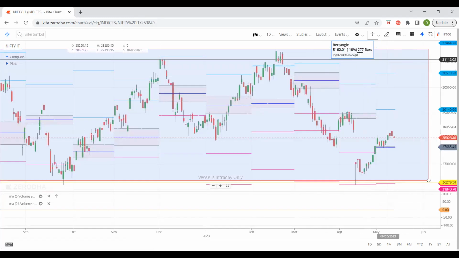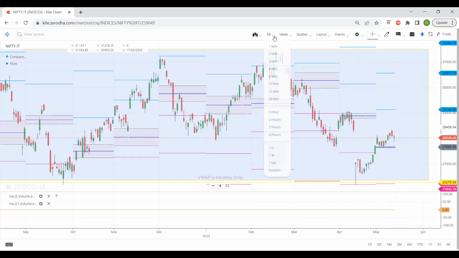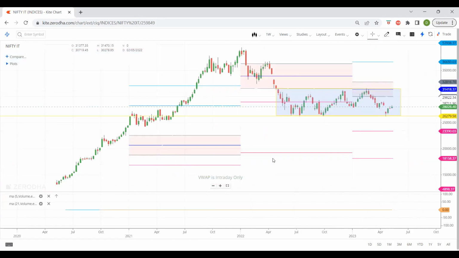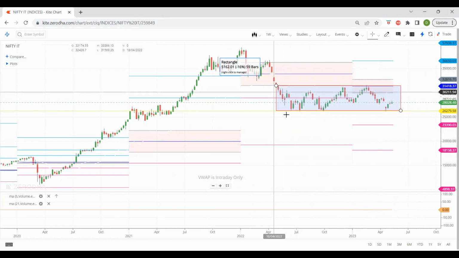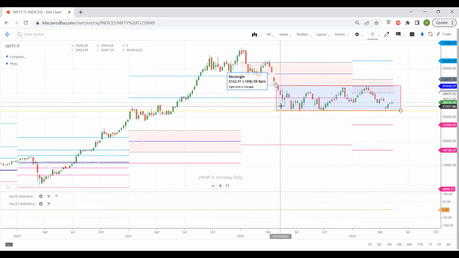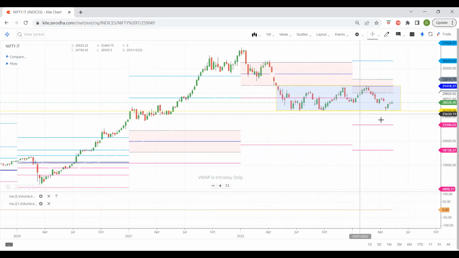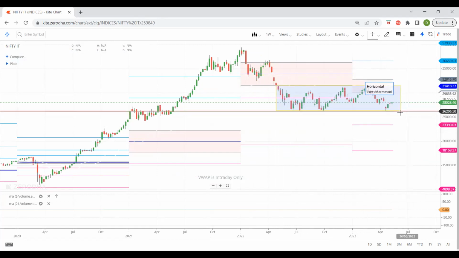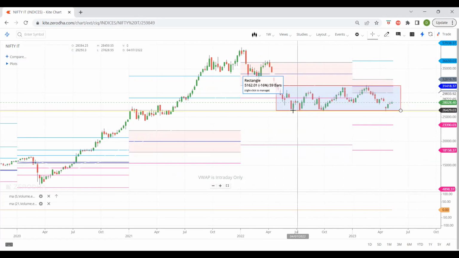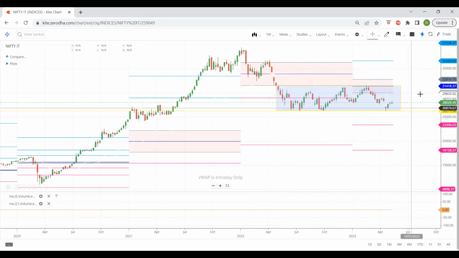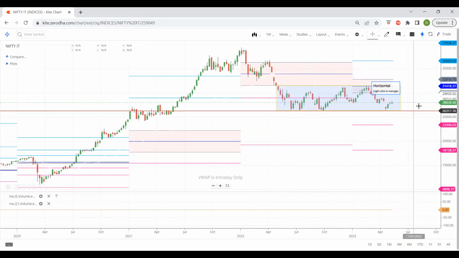This is again the daily chart of Nifty IT. If we move to the weekly chart, you'll see a clearer picture. As you can see, it's been locked in a box for more than a year now. It's come to these levels, which is 26,300 levels, 4 times, and bounced from those levels.